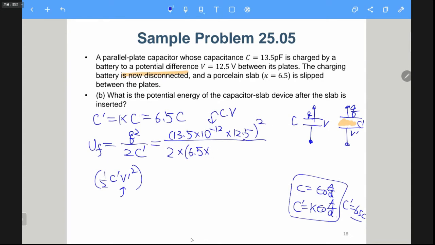C prime should be 6.5 times 13.5 times 10 to the minus 12. So this is 1.62 times 10 to the minus 10 joule, or you can write it as 162 picojoule.